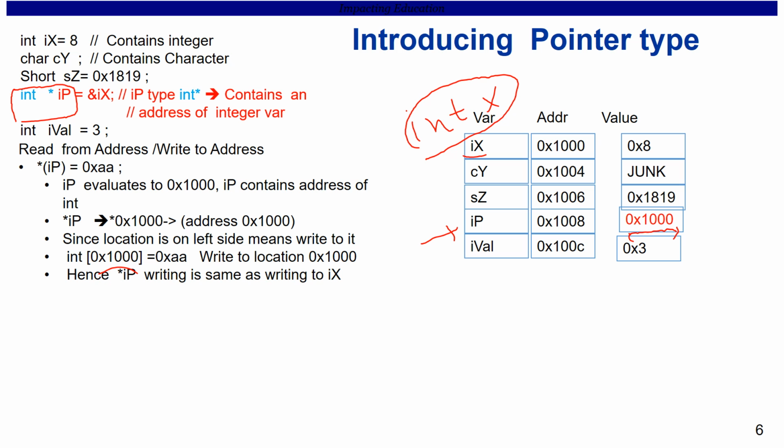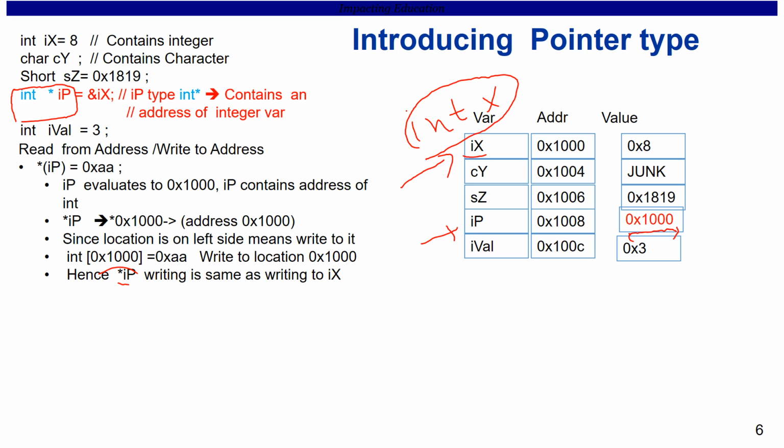So in that sense, when I'm accessing star of IP, I am accessing the variable ix. So writing to star of IP is the same as writing to the variable ix.